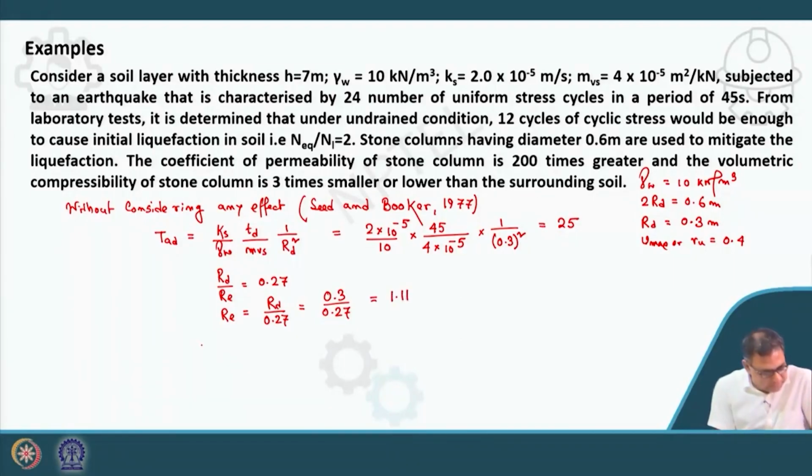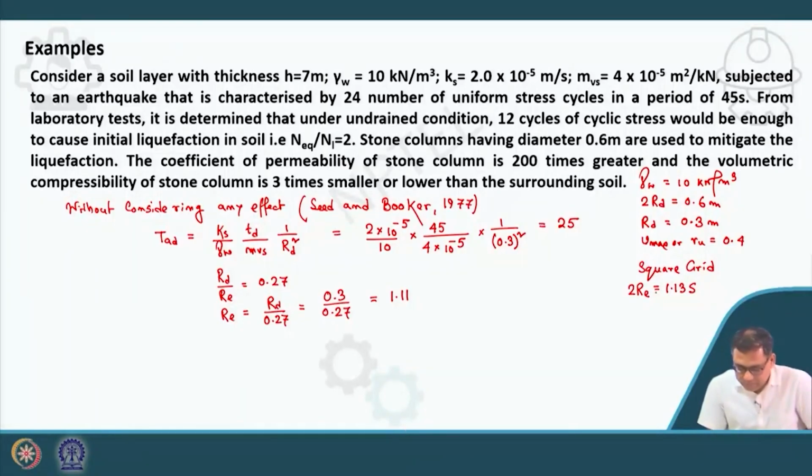So now S, we know that for triangular spacing or for the square spacing, we know the square grid. So we know we are designing for a square grid. For a square grid, our 2RE is equal to 1.13S.